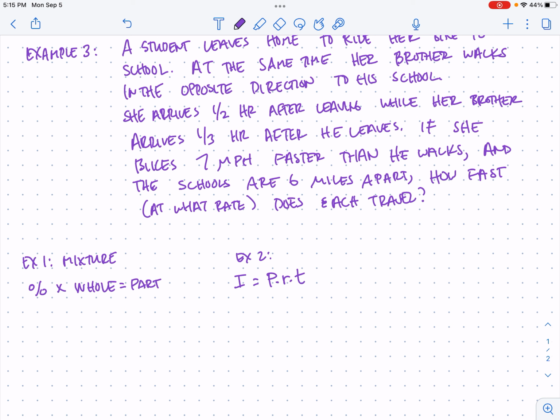And the last problem is a motion problem. So example 2 is an interest problem, and in example 3, we have a motion problem. And there, we're going to use the concept that distance is equal to rate times time.